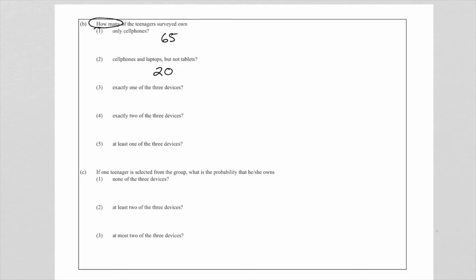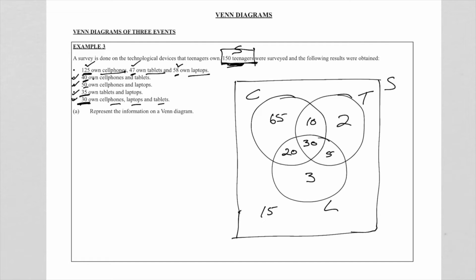In the third one, they ask us exactly one of the 3 devices. So I want you to be very careful here. They say exactly one of the 3. Now, when I go back to the Venn diagram, you need to know which parts of this drawing represent one device only. And I hope you agree, the 65 represents those teenagers that own cell phones only.